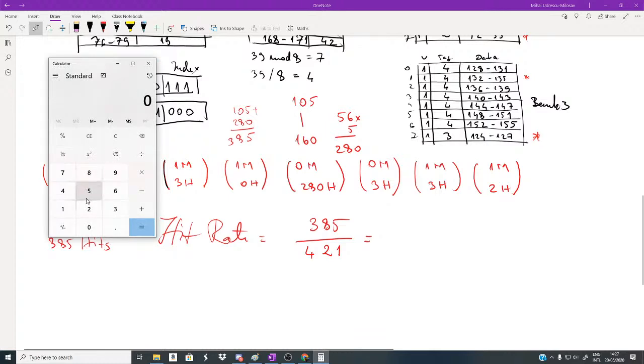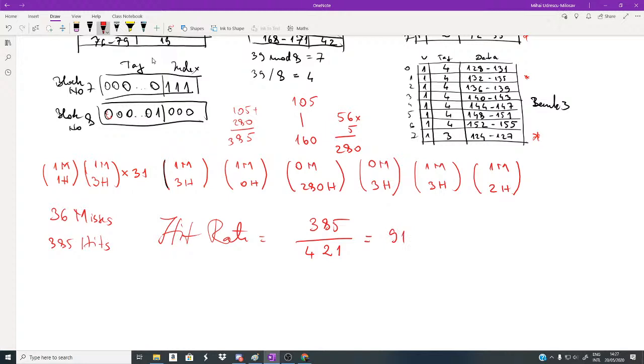So it's 385 divided by 421. That's 91.45% approximated. Now let's answer also point number C, and that is the average memory access time.